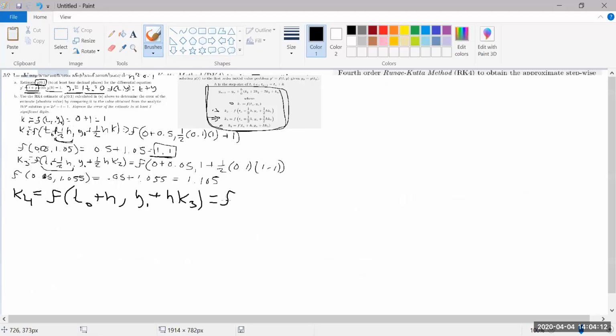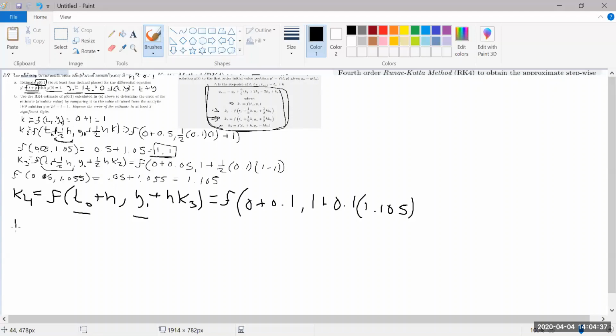Your function will evaluate at 0 for our t naught plus 0.1 for our h, comma, our y naught is still 1, plus 0.1 times our k3, which was 1.105.